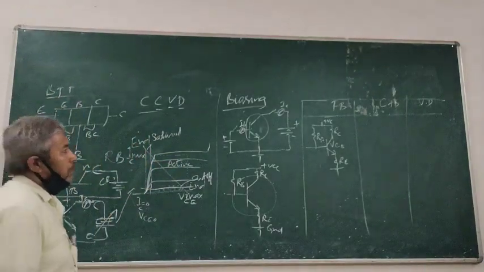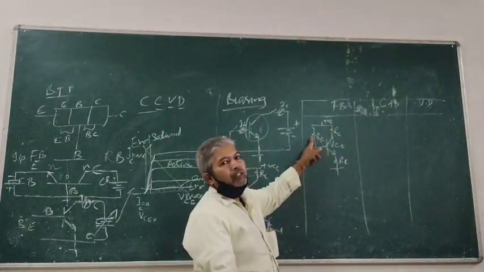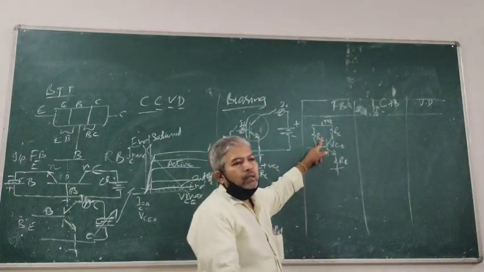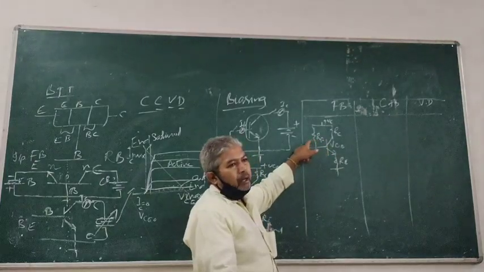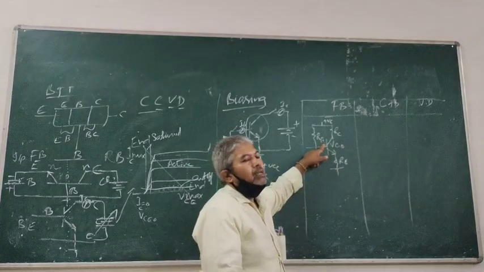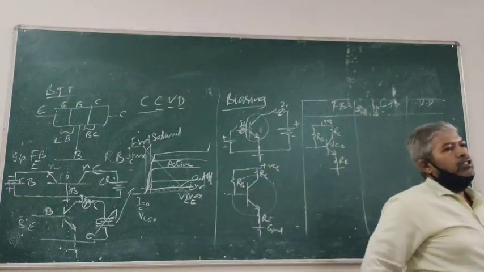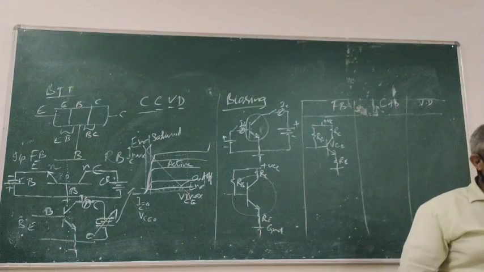What happens in this case? In the base bias, suppose any one of the components, either RB or RC or RE or the transistor, is burned out due to excess current supply.